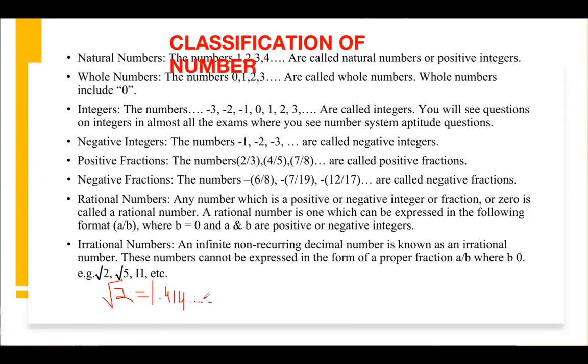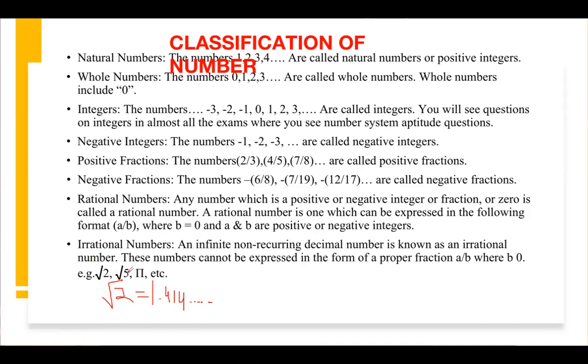We get an infinite decimal that does not repeat. So this infinite non-recurring decimal number is known as an irrational number.